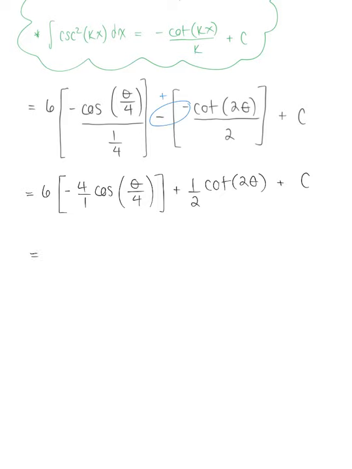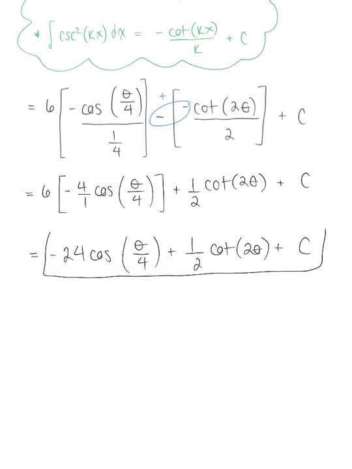And then last but not least, we can rewrite this as negative 24 cosine of theta divided by 4 plus 1/2 cotangent of 2 theta plus c. And this is our beautiful final answer.